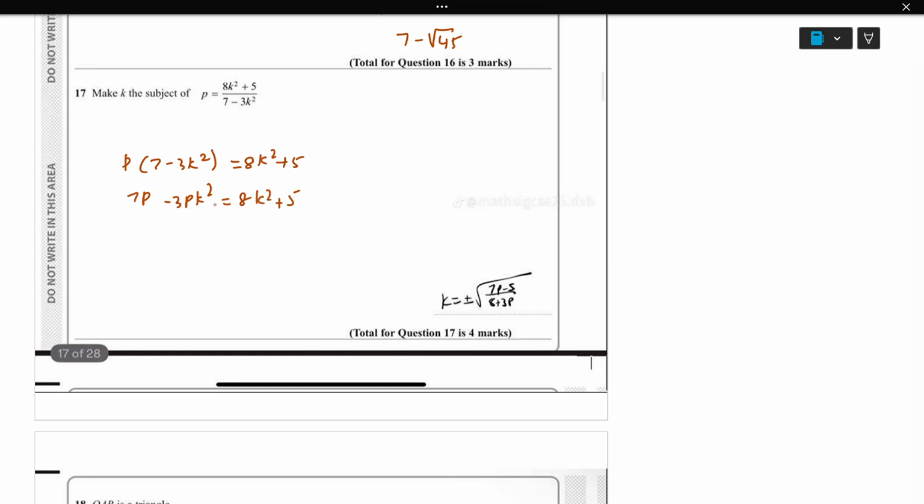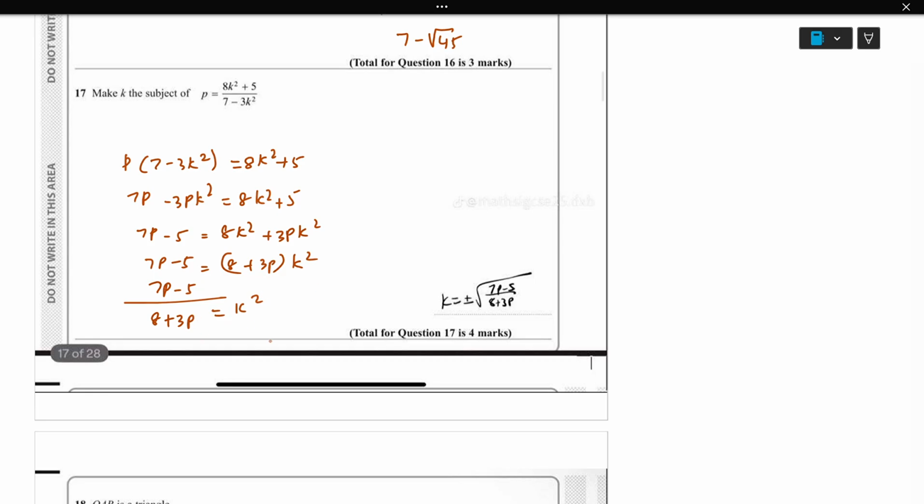I'll keep all k terms on one side, so I'll bring the 5 here. 7p minus 5 equals 8k squared plus 3pk squared. So 7p minus 5 equals 8 plus 3p into k squared. Bring k squared outside.